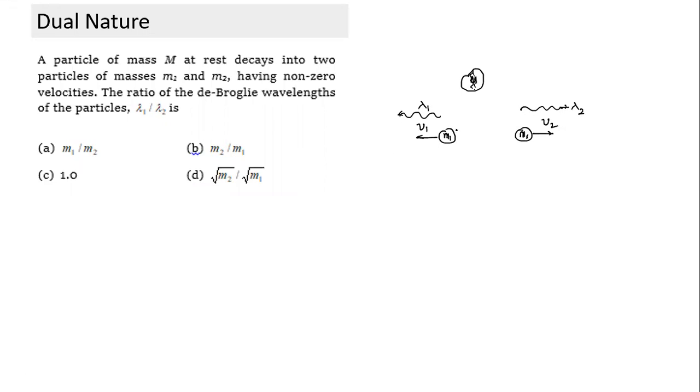How would I calculate this? Pritam, can you tell me how would I calculate lambda 1, lambda 2? We are not interested in calculating lambda 1 and lambda 2, we are only interested in the ratio here. How would you calculate the ratio? I have given a hint, you don't have to do any calculation, just look at the question and answer.